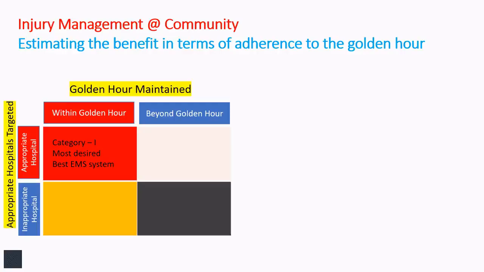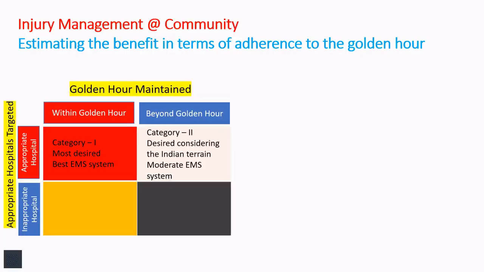They reach the hospital within 1 hour of the incident. So if we have all the patients in this bucket, then we should feel our system is the most effective and efficient system.